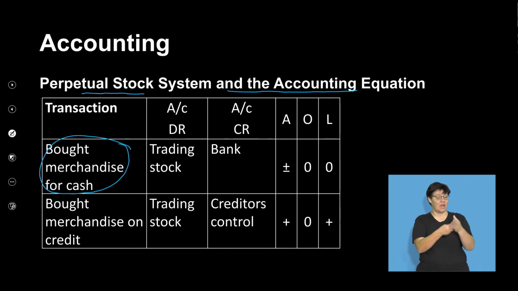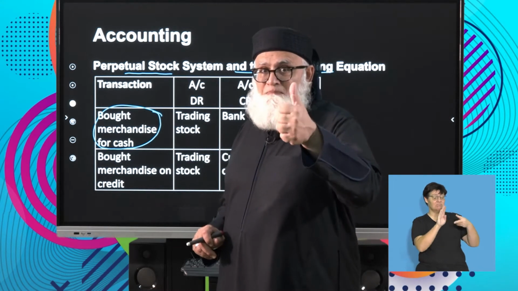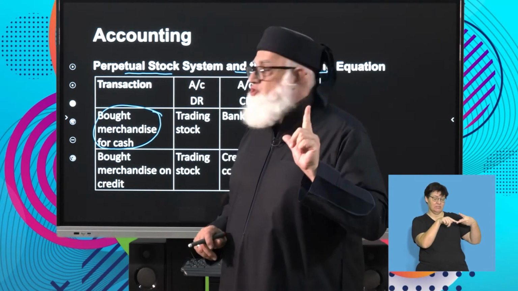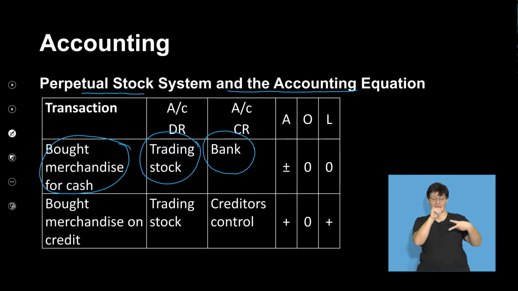Clearly you can see your two accounts involved would be bank and trading stock. So you're going to debit your trading stock account. Why? It's an asset account increasing in value, therefore debited. You're going to credit your bank account. Why? It's an asset account decreasing in value, therefore credited.